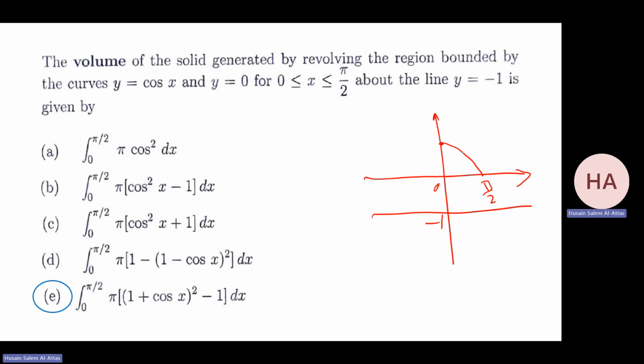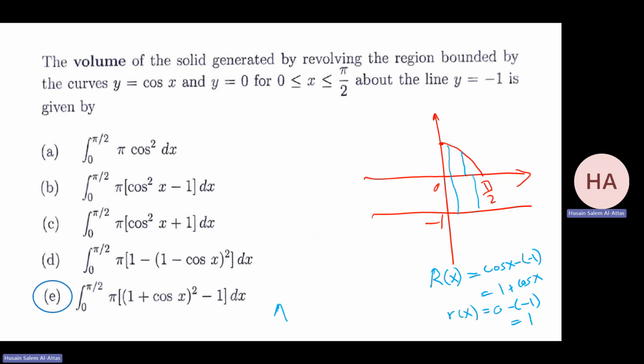So I have this, which means what? It is the long one minus this. So I have capital R of x, which is the function, cosine x, minus the line, which is minus 1. So that will be 1 plus cosine x. The small r of x will be 0 minus minus 1, and that is 1.